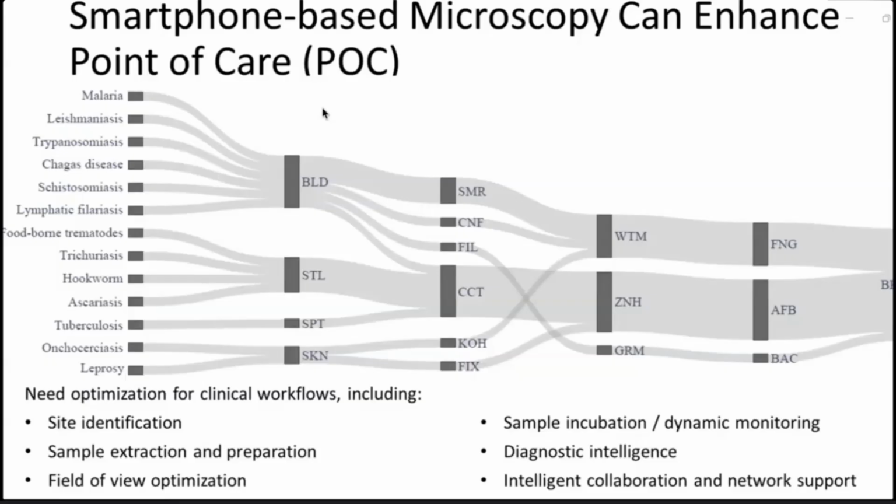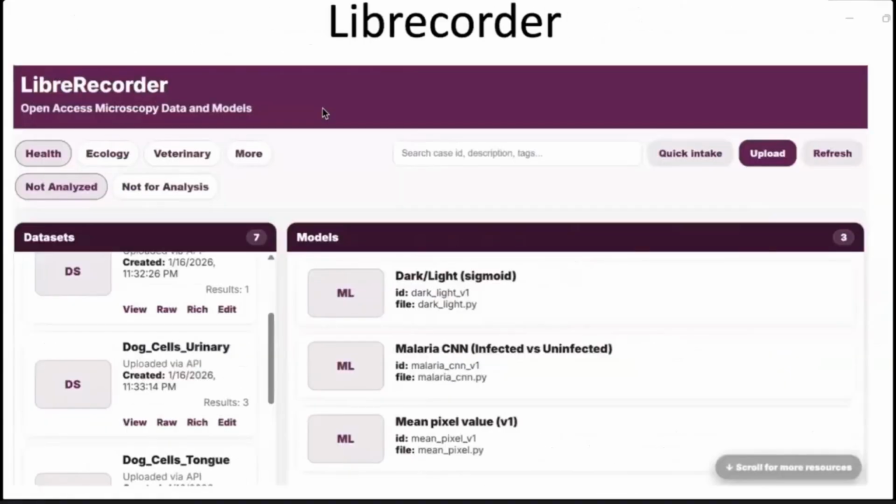But for example, it doesn't have things like sample incubation or the ability to move samples. So we're working on understanding what is the impact of that capability and how many more diseases can be more effectively diagnosed and monitored with the addition of such capabilities.